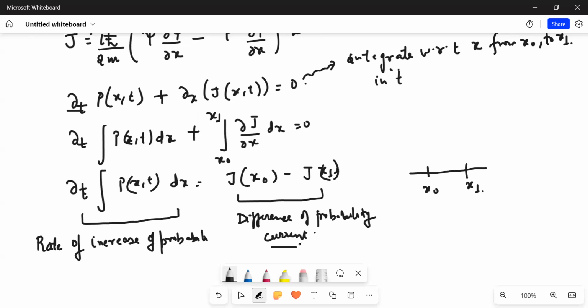Basically, what probability current is entering here and what probability current is leaving here, this difference marks the rate of increase of probability. So in this particular interval, your probability is increasing.